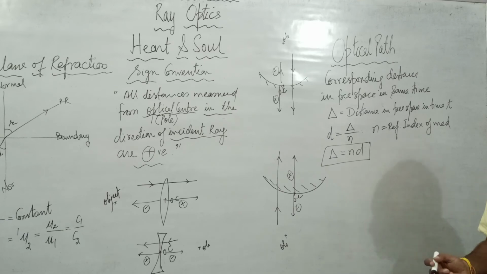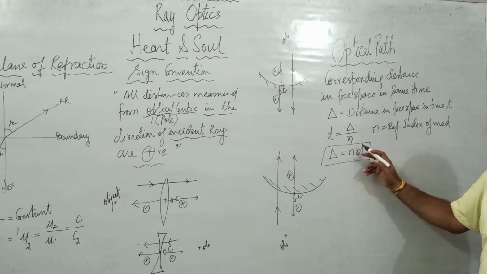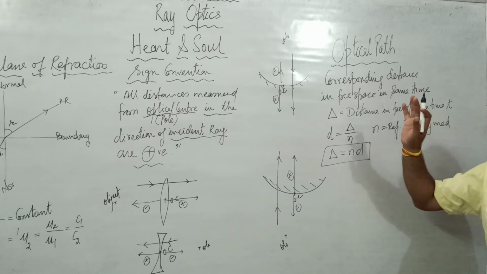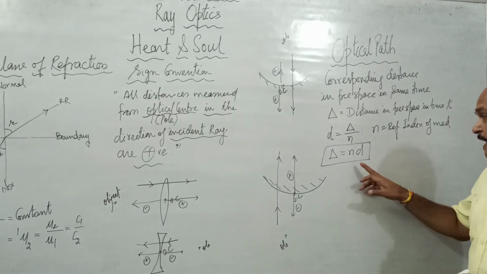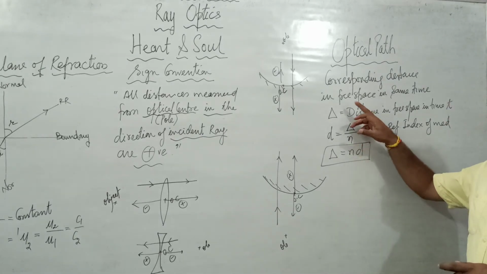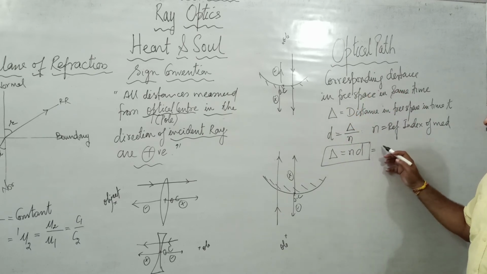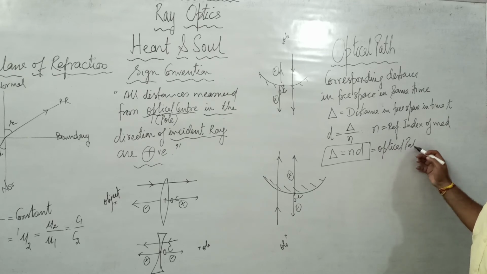This simply means if light travels a distance d in the medium whose refractive index is n in any time, then in the same time it is going to travel a distance nd in free space. This nd is optical path of d.